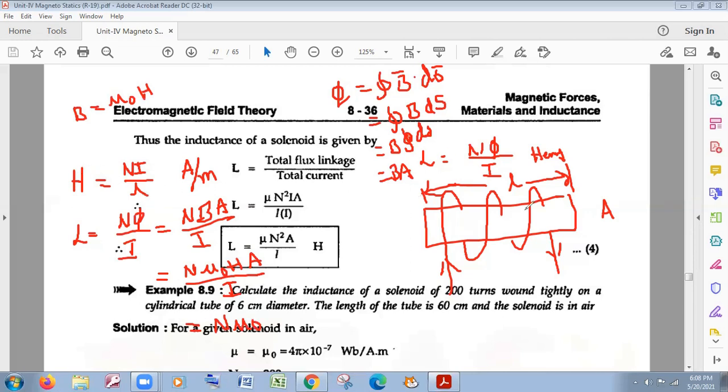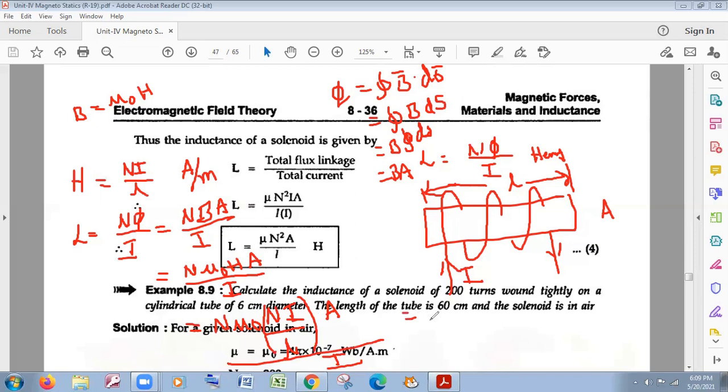The magnetic field in the solenoid depends on the length of the solenoid, the current passed, and N, the number of turns. H is equal to N I by l, into A is already there. N into mu H A, H is N I by l, into A, whole divided by I is the total flux linkage.